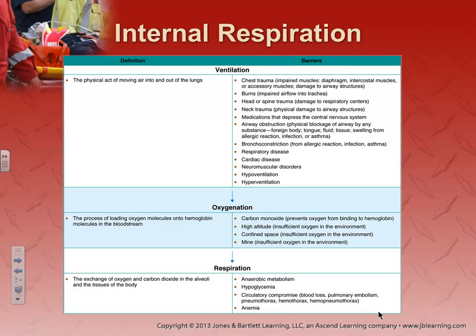So actually, when we talk about internal and external respiration, the actual process of getting the blood at the external level saturated with oxygen is actually oxygenation. Does that make sense? And then respiration is going to be the exchange of carbon dioxide and alveoli in the tissues of the body.